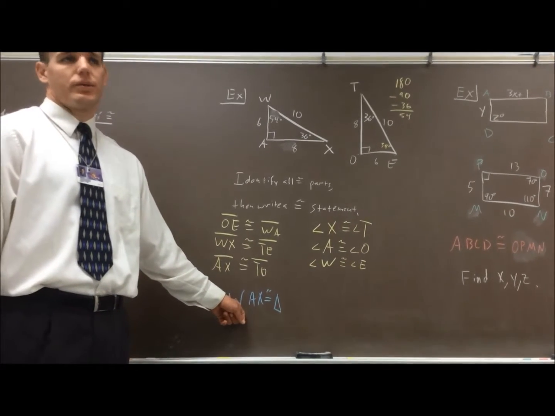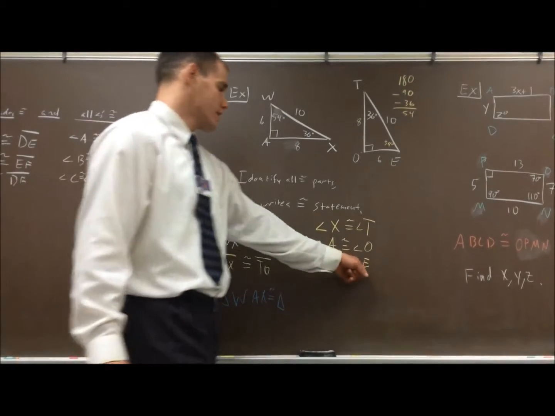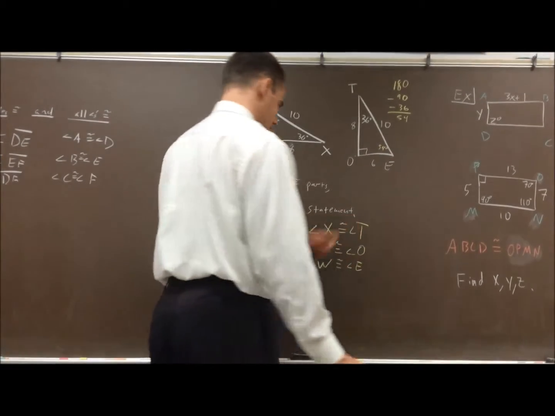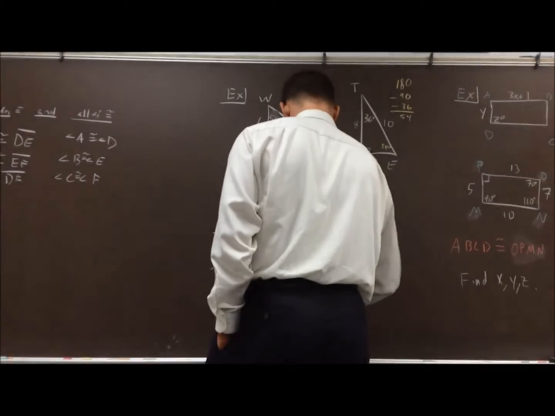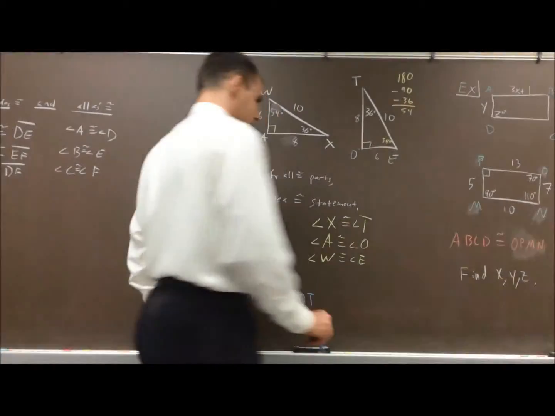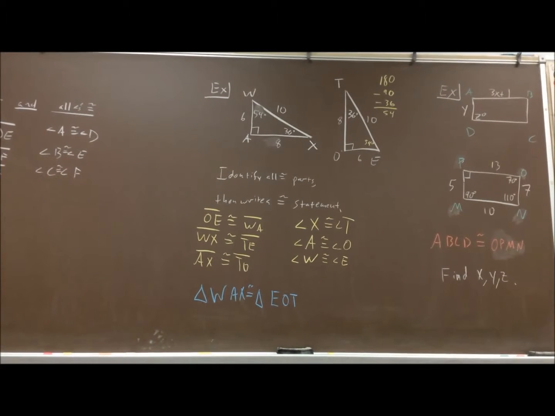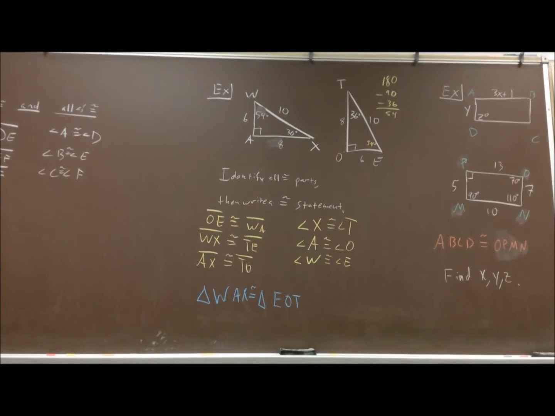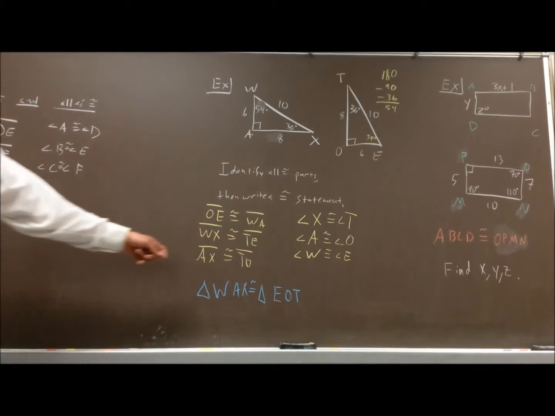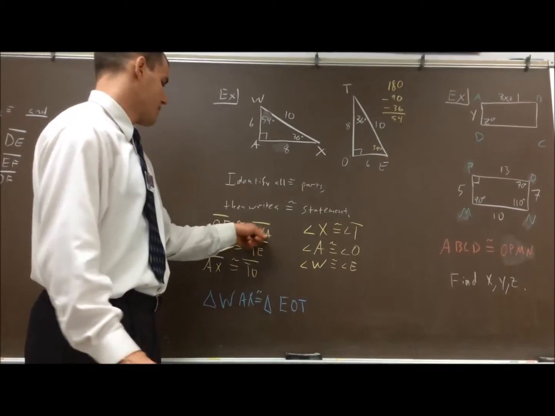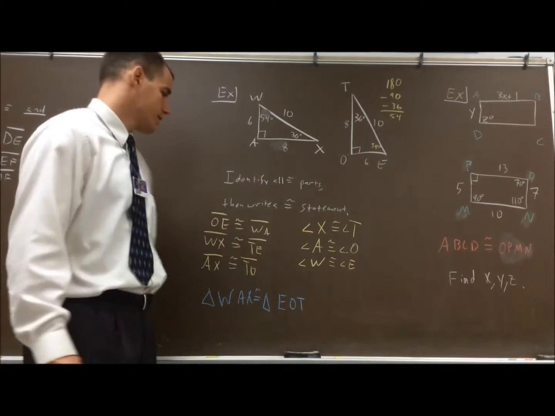Shout it out. 1, 2, 3. E. What matches up with angle A? O, and then T. E-O-T. Triangle WAX is congruent to triangle EOT. So you have to make sure everything corresponds correctly. And let's check. WA, is that congruent to EO? WA and EO. We're good.